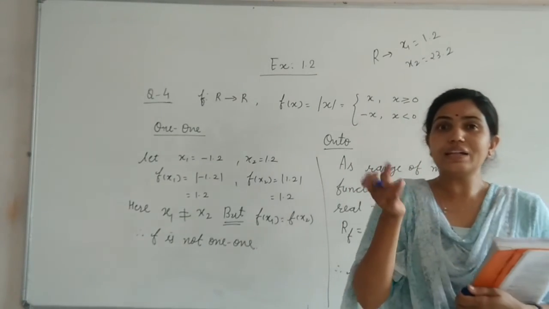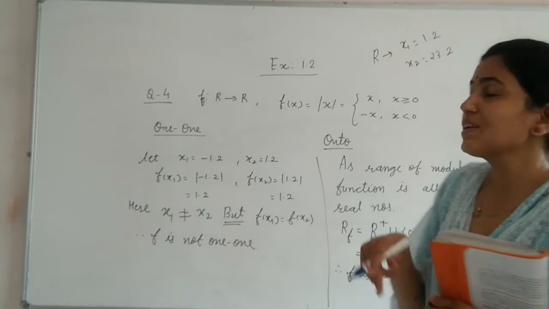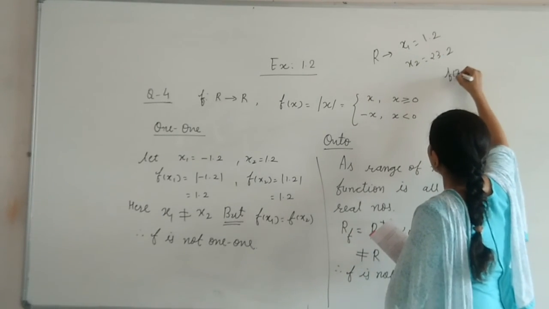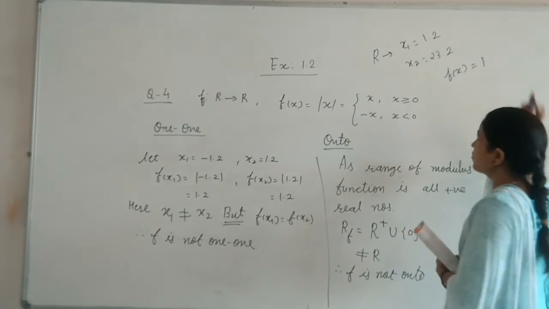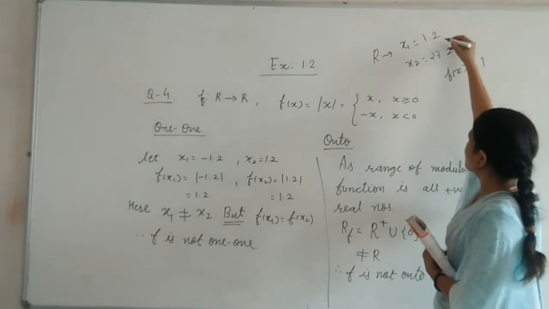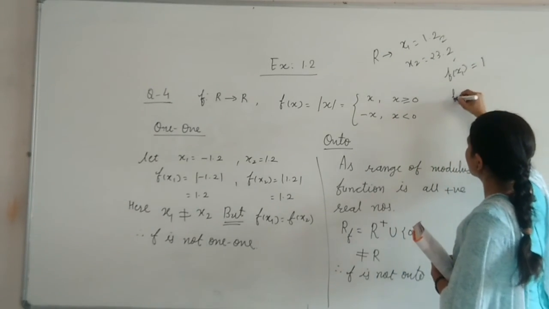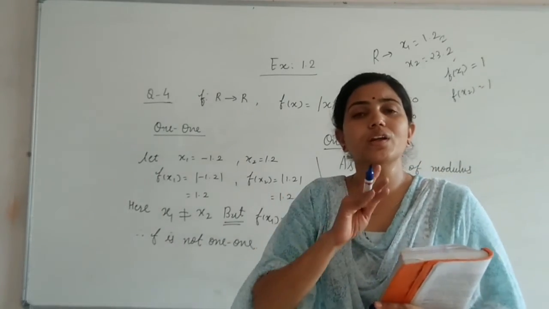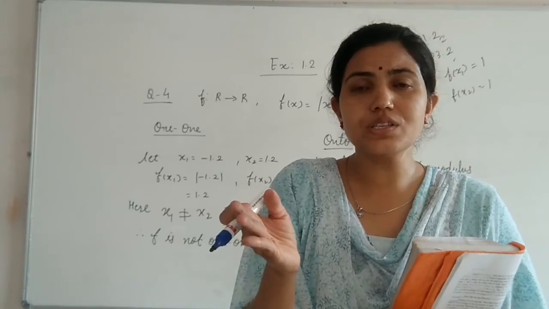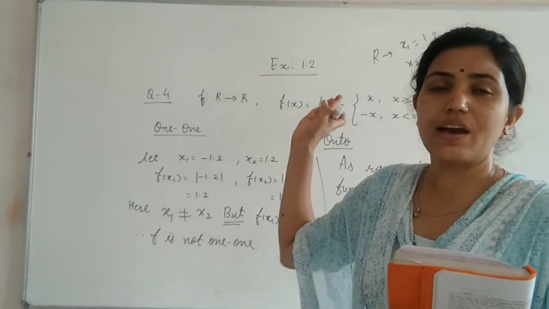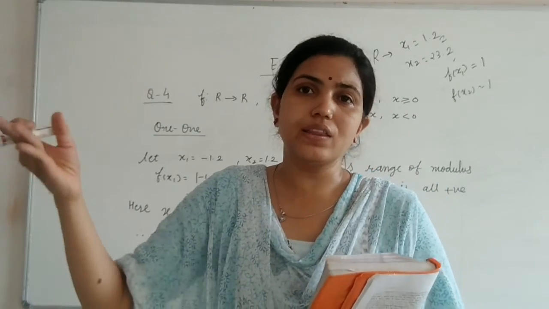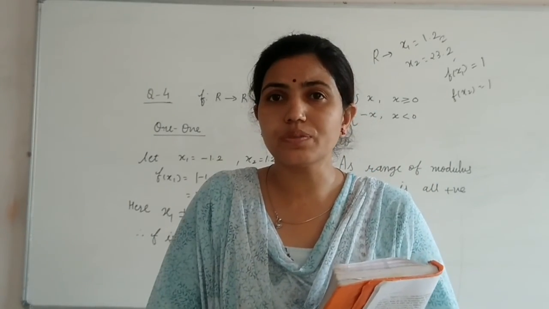As we know the signum function gives us that if our x is positive, then what will be f of x? It will be 1. So for these values, f of x1 is equal to 1 and f of x2 will be 1. Or you can consider two negative numbers and show that f of x1 is equal to f of x2 is equal to minus 1.